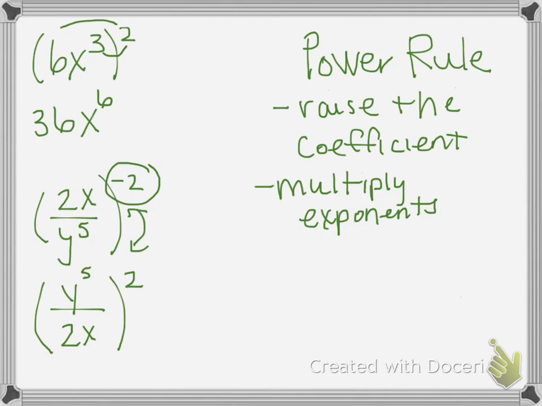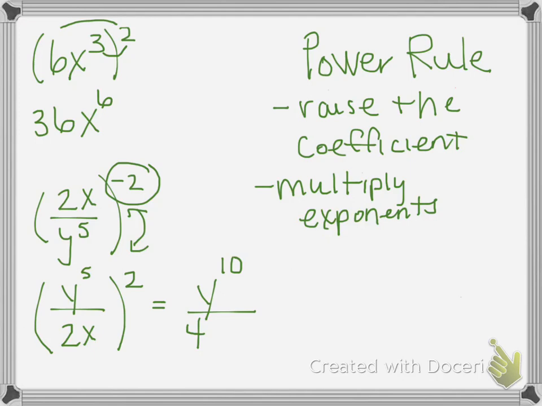We can now use the power rule to finish evaluating our expression. In the numerator, we're going to multiply our exponents, so we end up with y to the 10th. In our denominator, we're going to first square our coefficient, which gives us a 4.